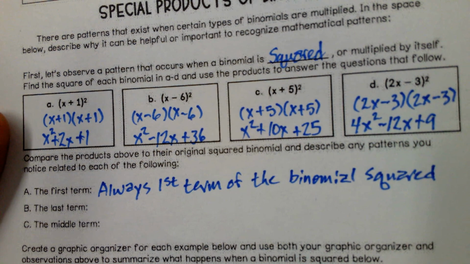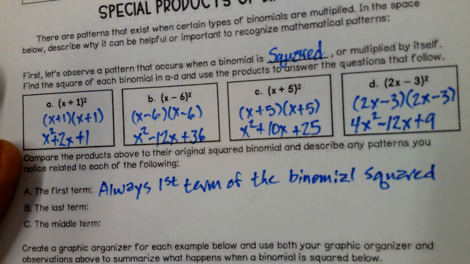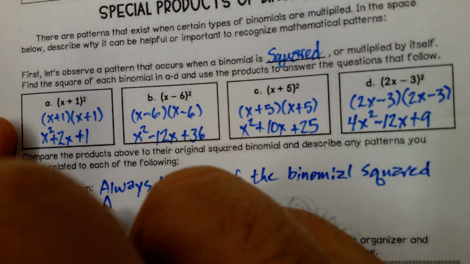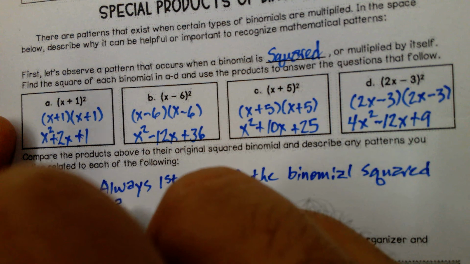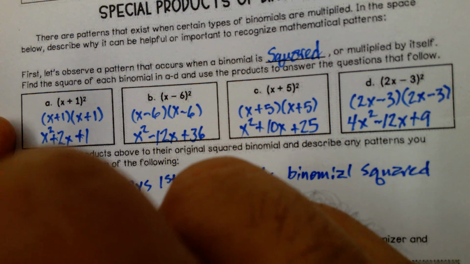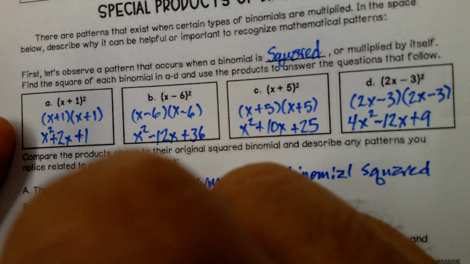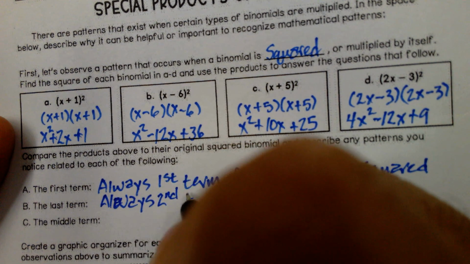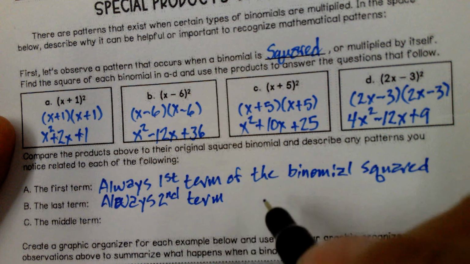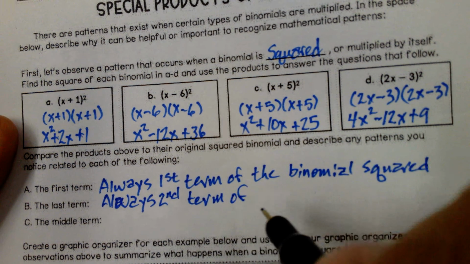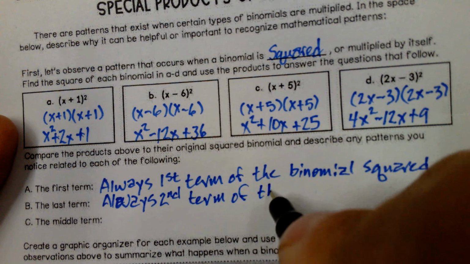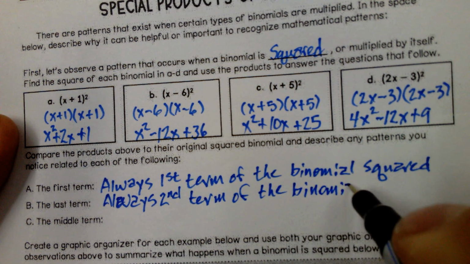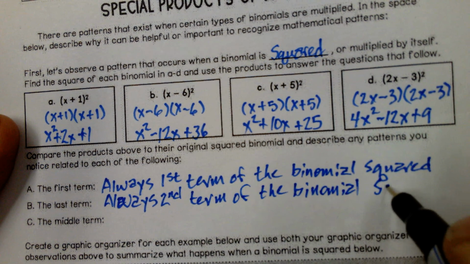So it's always the second term in the binomial, always the second term of the binomial squared.